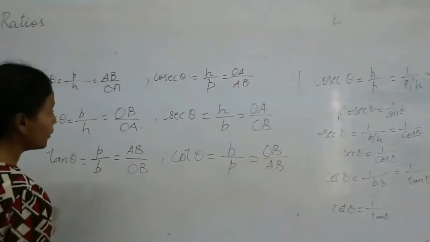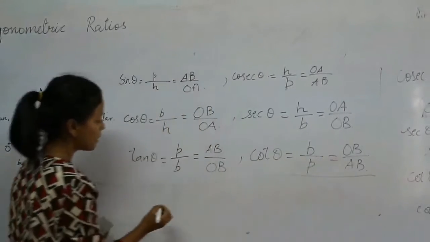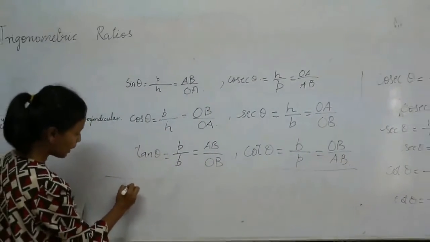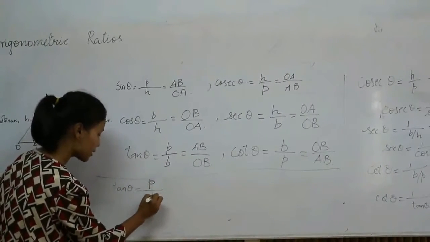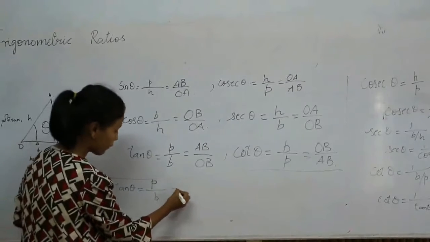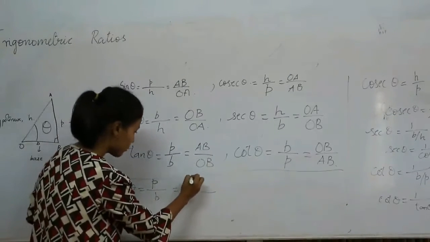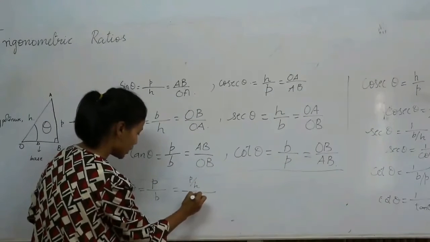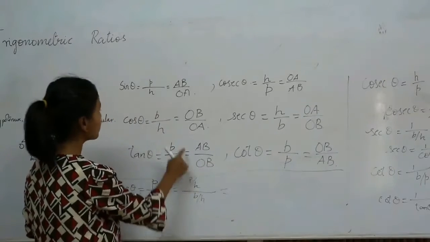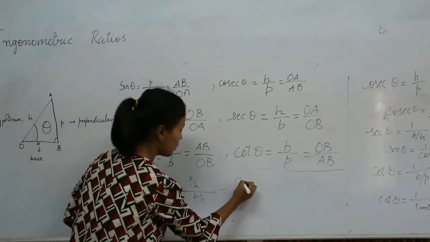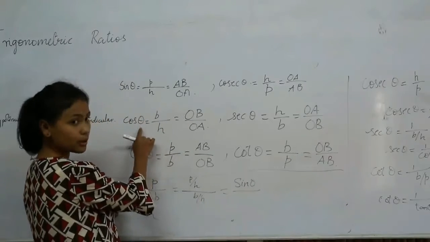Now you see tan theta is equal to perpendicular by base. If I divide both numerator and denominator by hypotenuse, perpendicular by hypotenuse is sine theta, and base by hypotenuse is cos theta.